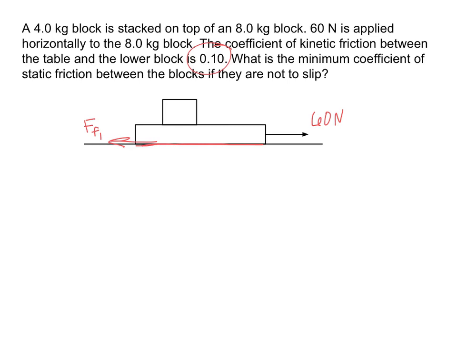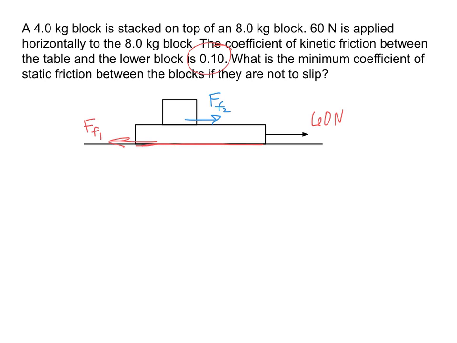But if you think about this, if there was no friction and you pulled that big block to the right, the top block would slide to the left in reference to the larger block. And so there has to be some sort of static friction pointing the opposite way, to the right, keeping that from happening. That's our second frictional force, applied to the top block pointing to the right.